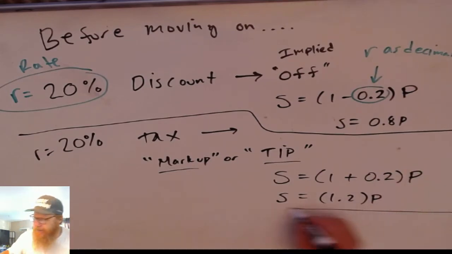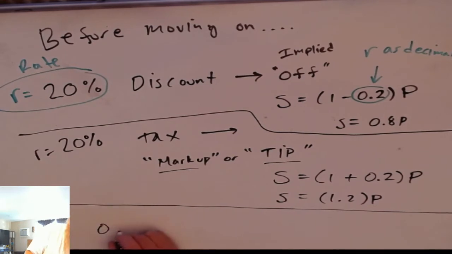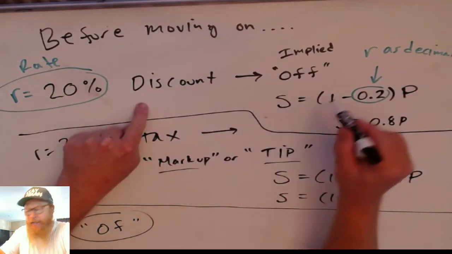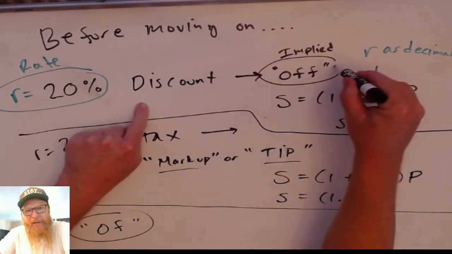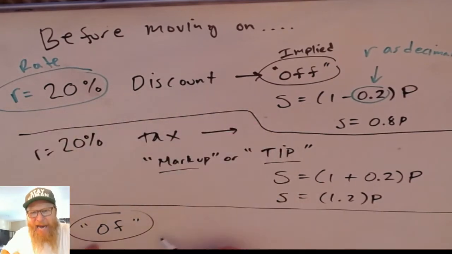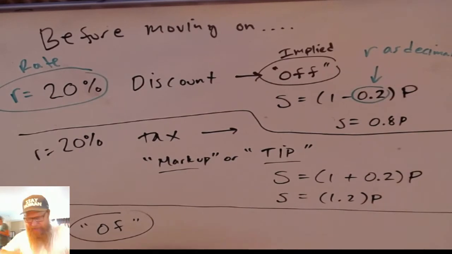So how does this relate to the terminology of? Well, a discount is off. So a 20% discount is the same as 80% of.